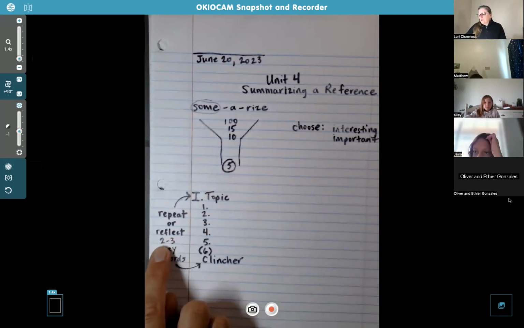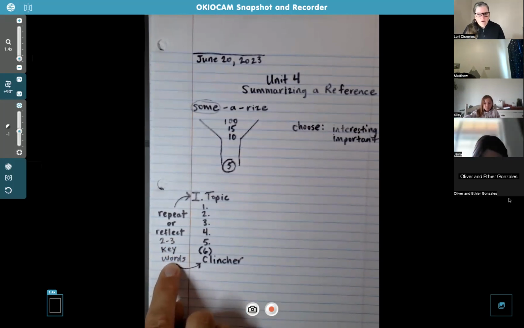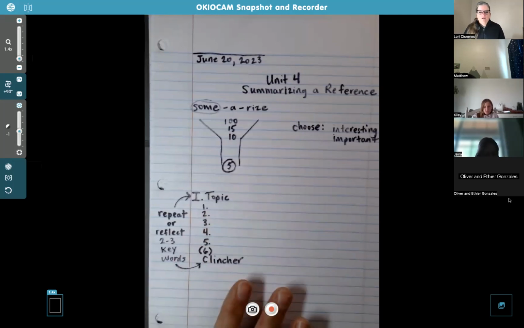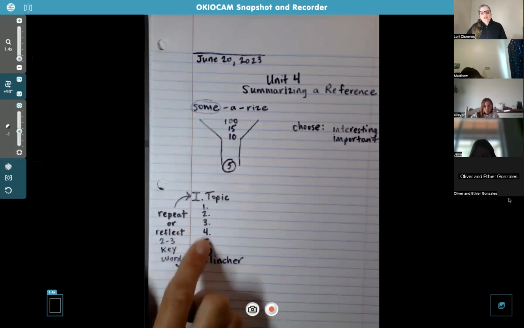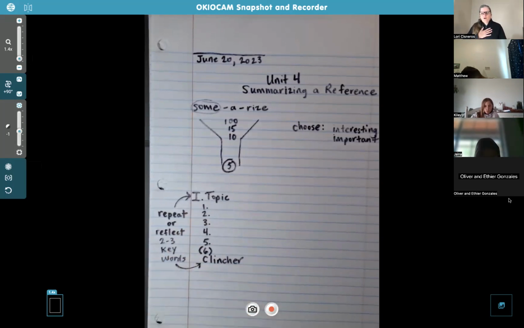And then it says 2 to 3 key words. So you already know key words. You've been using those a lot in your outlines. Those are words that are important, not words like it or the or is or things like that. Those are not keywords. Keywords are the important words of the sentence. So the saying goes like this, and I'm going to do it for you.